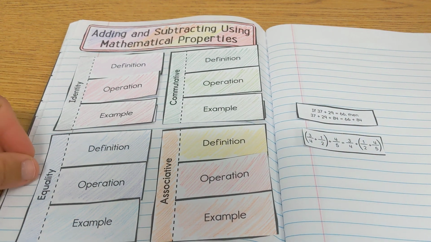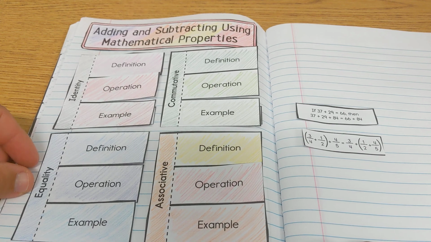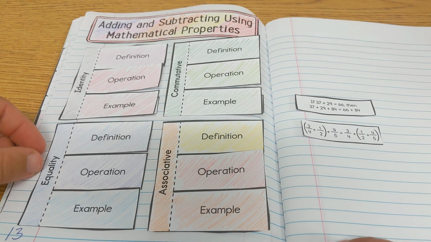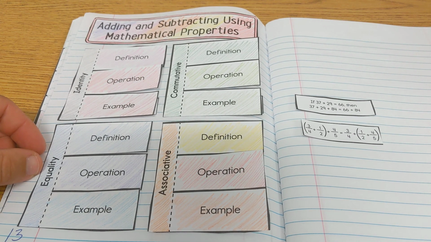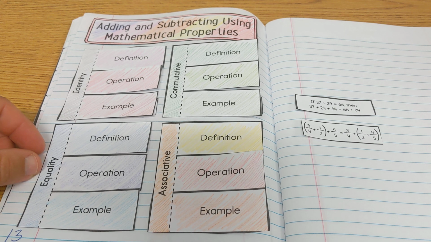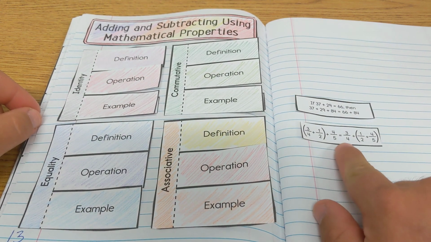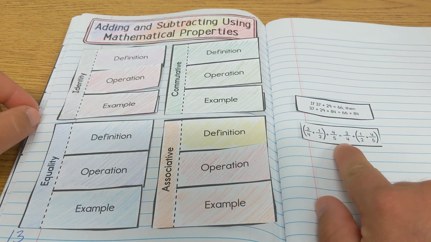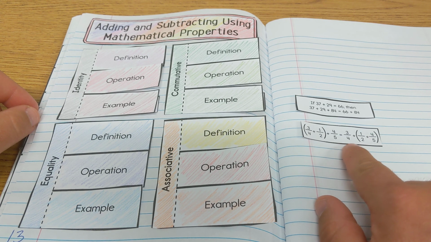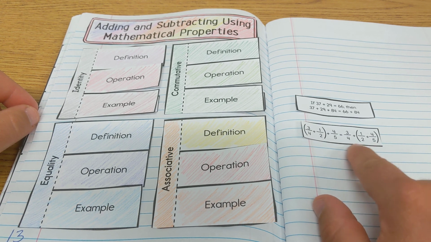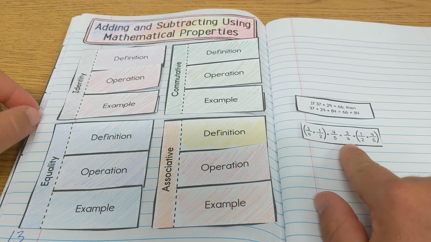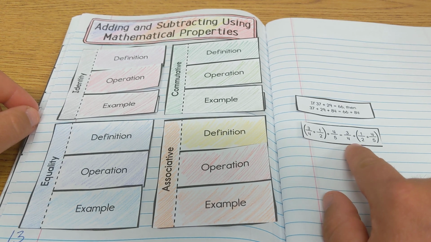Now, the equality property says that a number can be added or subtracted on both sides to get an equal equation. So are we adding or subtracting on this one? Well, we're adding, but they've got parentheses around them, so there's nothing new added there.